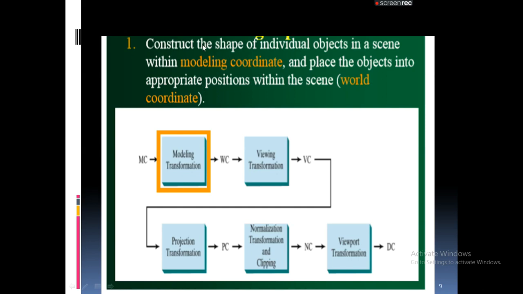Once you represent the shape of an individual object by taking an individual Cartesian reference frame, you place those objects into appropriate positions within the world coordinates, or within the scene with respect to world coordinates. So this is the first step. As you can see, the yellow color represents, see the mouse pointer, that first we are mapping modeling coordinates to world coordinates.